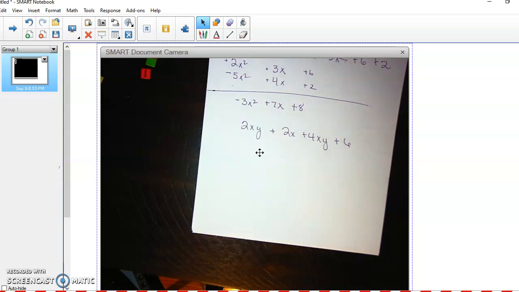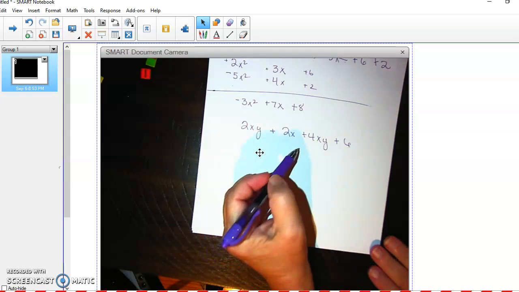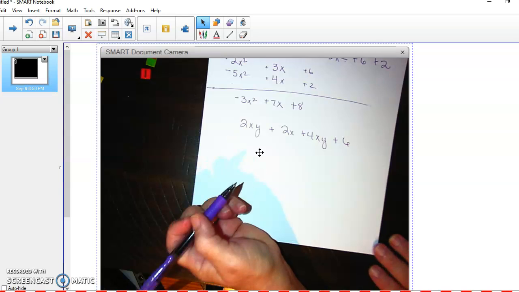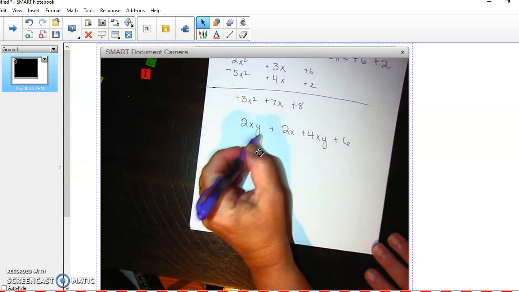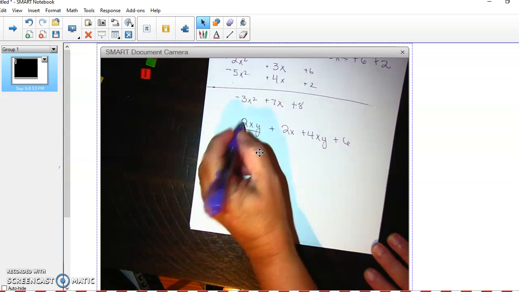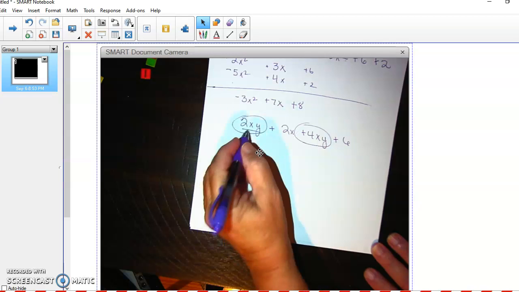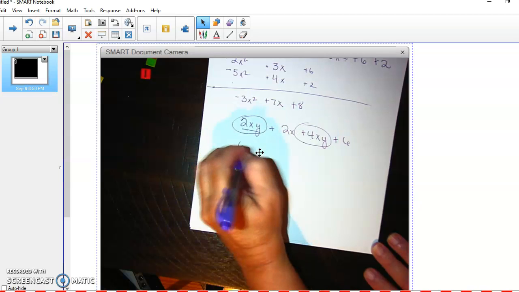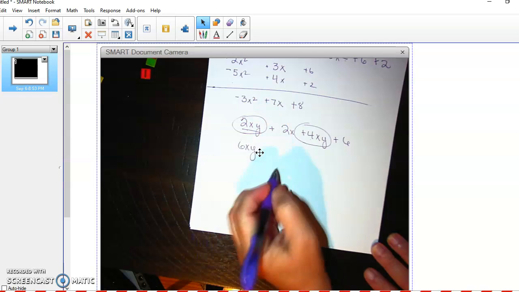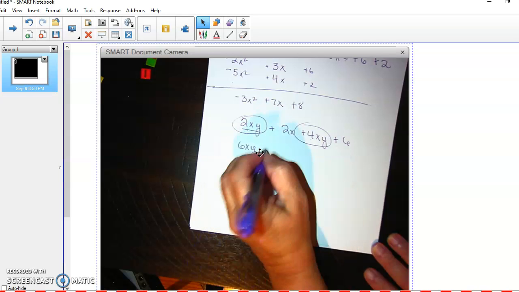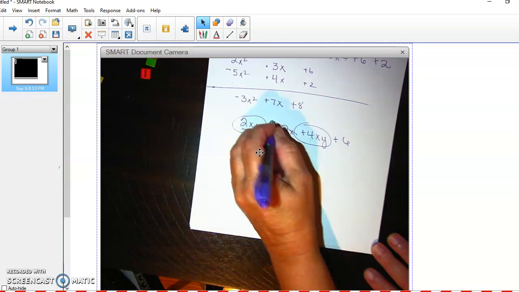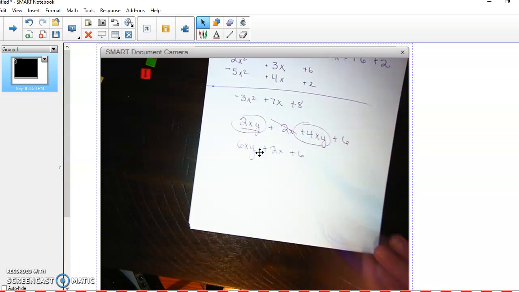If they have the same variable to the same power, you add your coefficient, which is the number in front of the variables. So these are alike. 2 plus 4 is 6xy. And this one can't be added to those because it only has an x. And there's your answer.